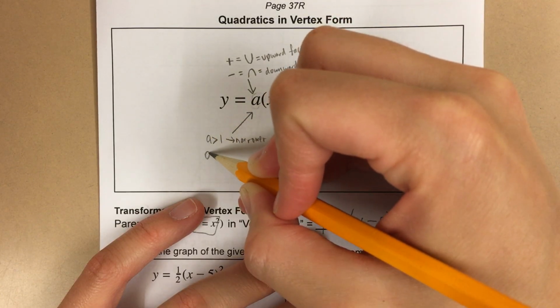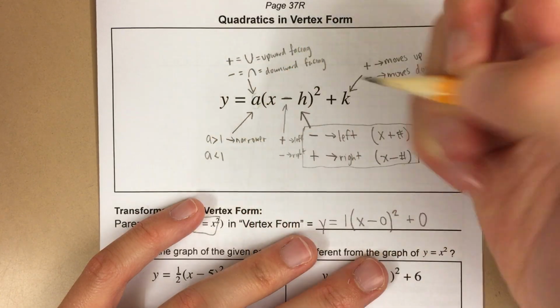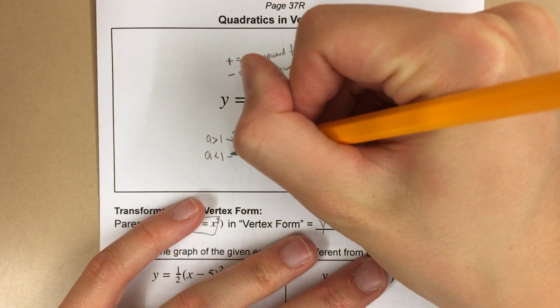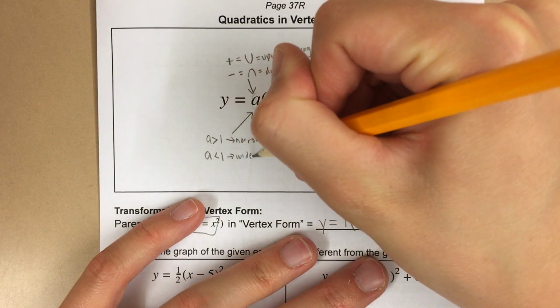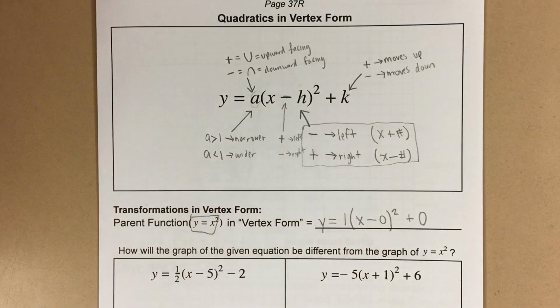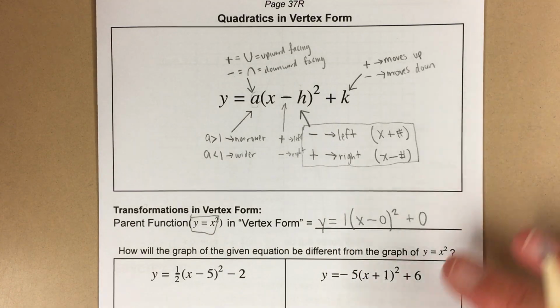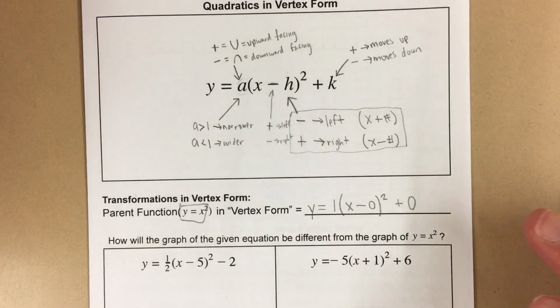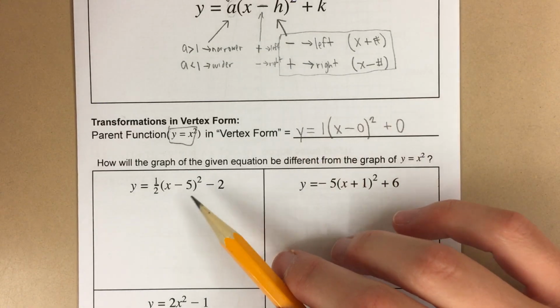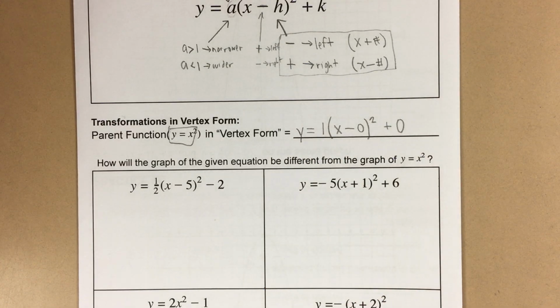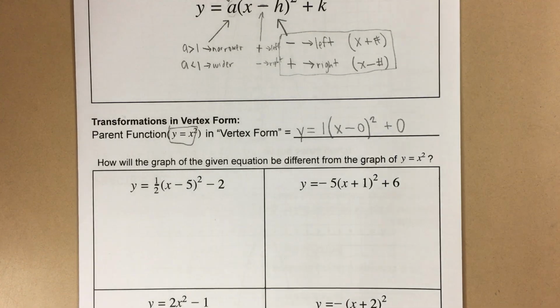Okay, and if a is less than 1, like it's a fraction or a decimal, then the graph gets wider. Okay, so that's what all these different pieces do. So what that means is that we can take a look at an equation like this one, and we can say, okay, how is that graph going to be different than the graph of y equals x squared?